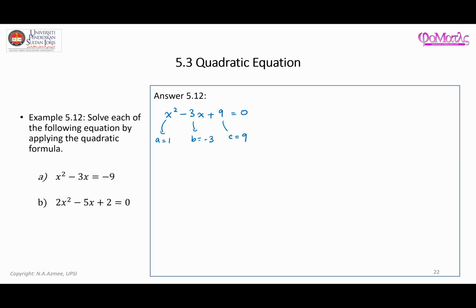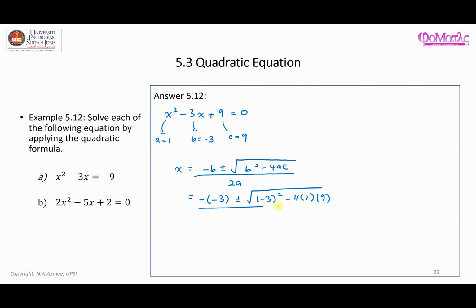Now we're going to apply the quadratic formula. So x, this is the quadratic formula. Then you plug in the values of A, B, and C into this formula. So you have negative 3 plus minus the square root of negative 3 squared minus 4AC, over 2 times 1.